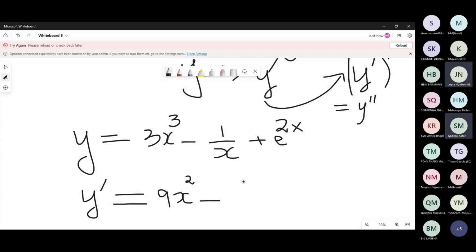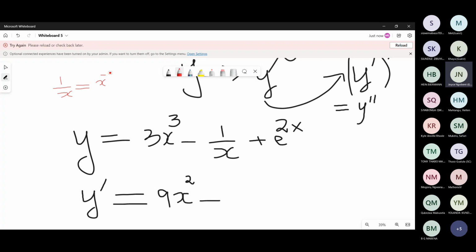What is the derivative of 1 over x? Let me do it here. Write it as a power: x to the power minus 1.